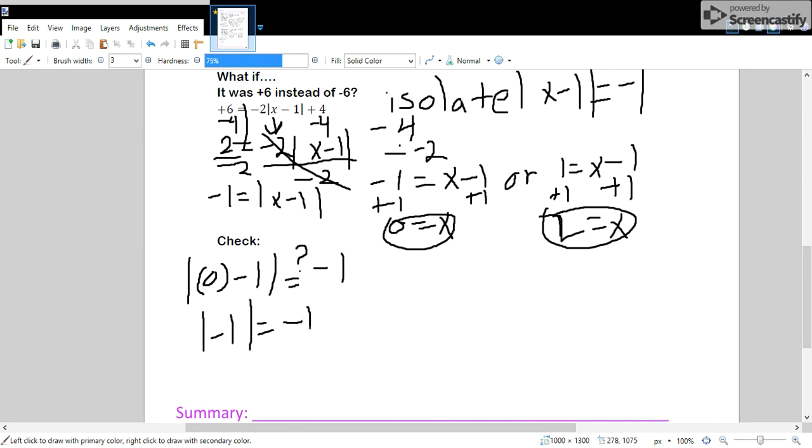The absolute value of -1 is 1. That does not equal -1. 1 does not equal -1. So x equals 0 is what you call extraneous.